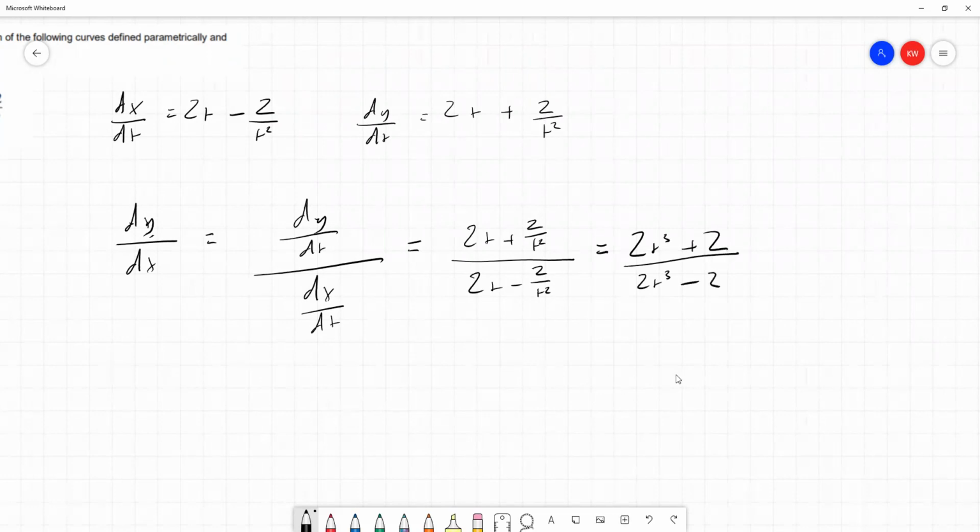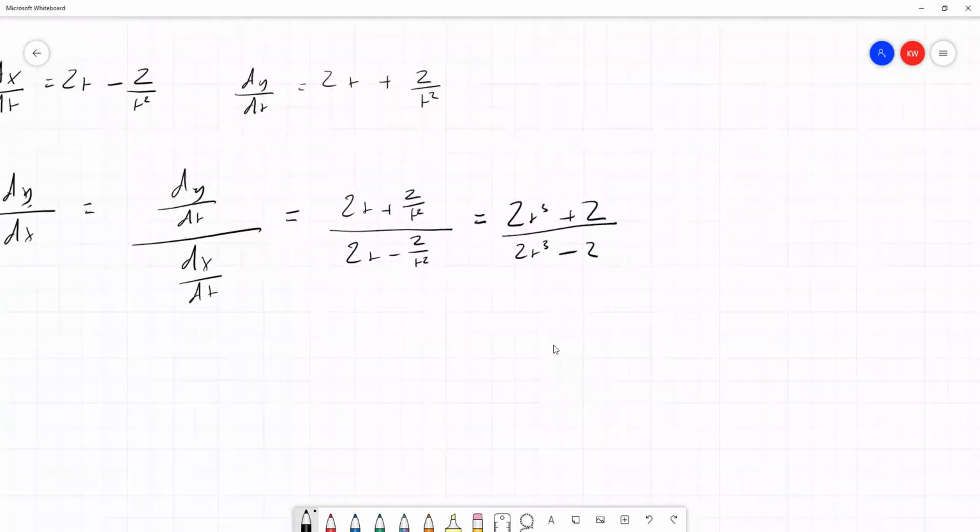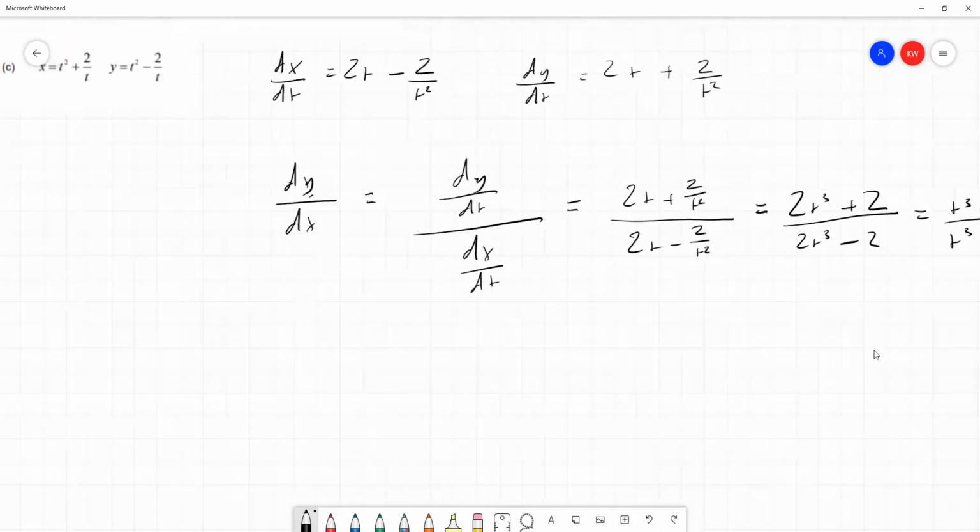And you might observe there's one further simplification that we can readily make, and that's to divide through by 2. So we can finally write t cubed plus 1 over t cubed minus 1. So this is our formula for dy by dx. I'll restate it over here.